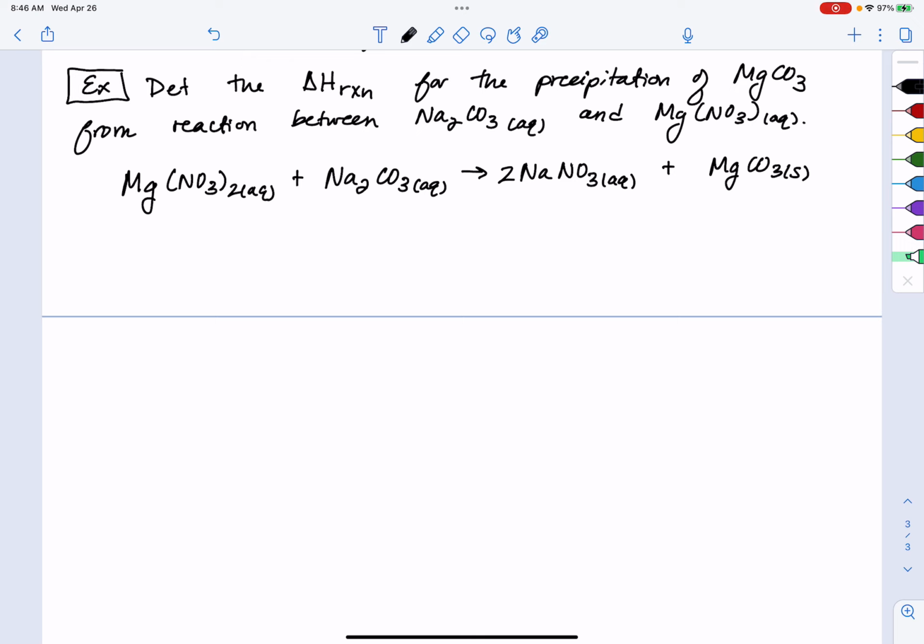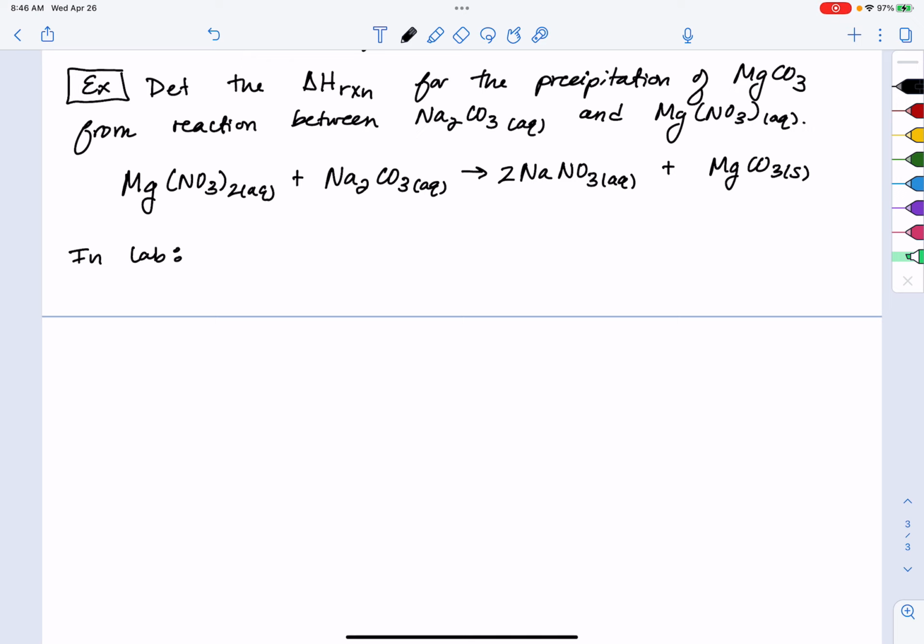Now, let us figure out how we might, oh no, I need to give some more data. How we might figure out this heat of reaction given the following information. So in the lab, we know a couple of things.